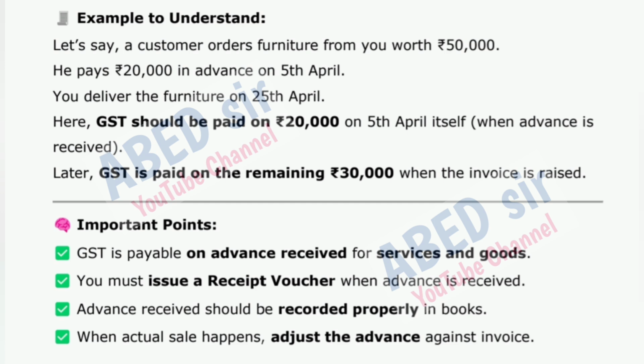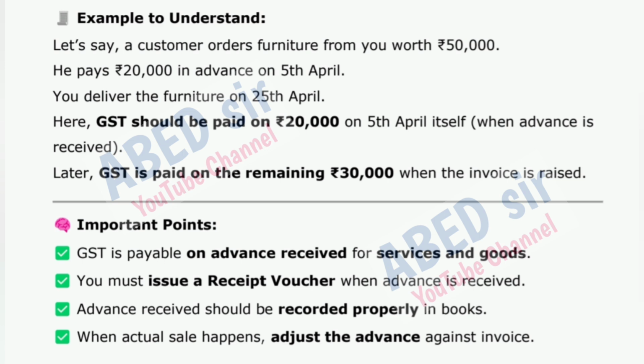He pays 20,000 rupees in advance on 5th April. You deliver the furniture on 25th April. Here, GST should be paid on 20,000 rupees on 5th April itself, when advance is received. Later, GST is paid on the remaining 30,000 rupees when the invoice is raised.